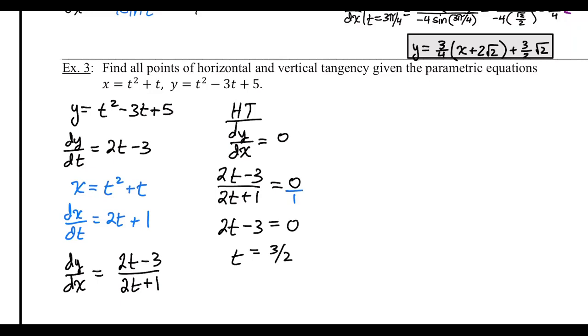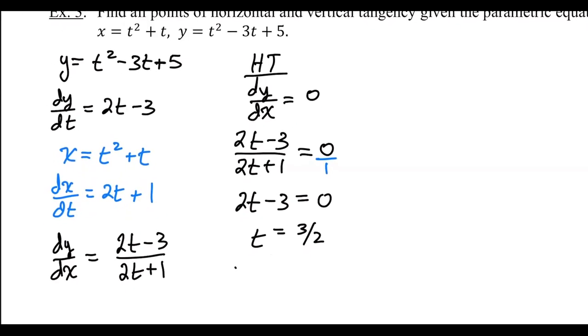But it's also something where I haven't given a point anyway. I've given a t value, a moment in time where I can expect there to be a point of horizontal tangency, right? So one thing I could do now is pop this into x and y and see what coordinate this gives me.